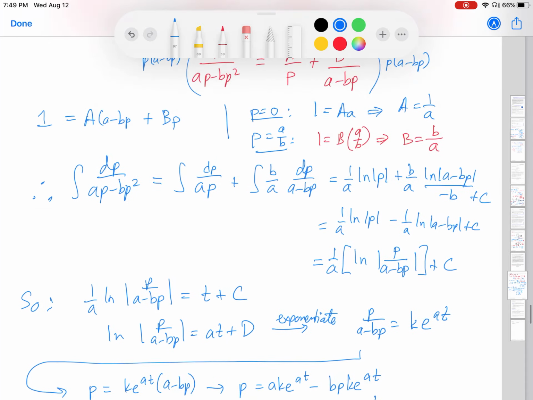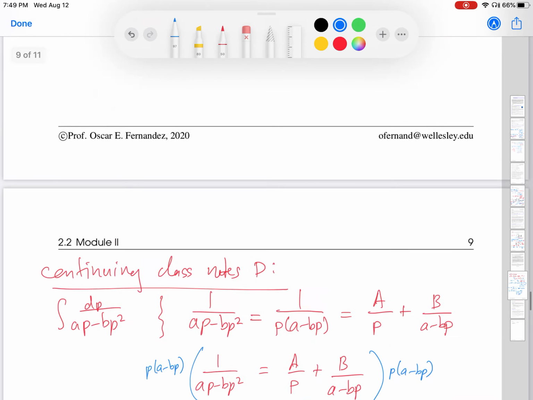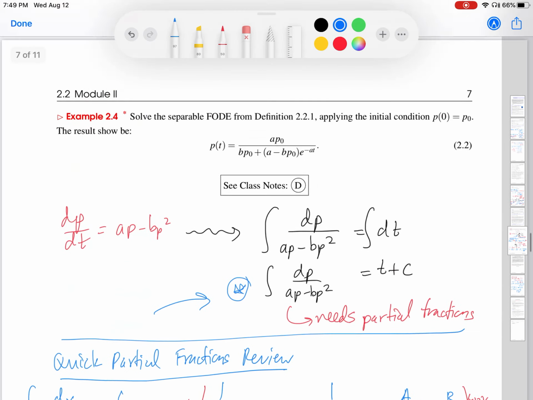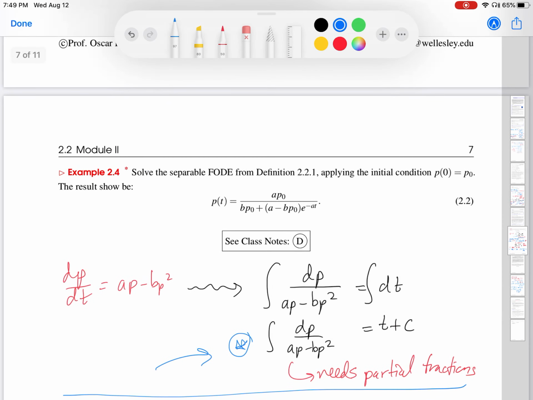Let me go back now to C and compare that to the solution that we had at the very beginning. One thing you'll notice is that, first of all, we've yet to apply the initial condition, so we'll talk about that in a minute. But another thing you'll notice is that the numerator doesn't have any exponentials in it, and the denominator has e to the negative a.